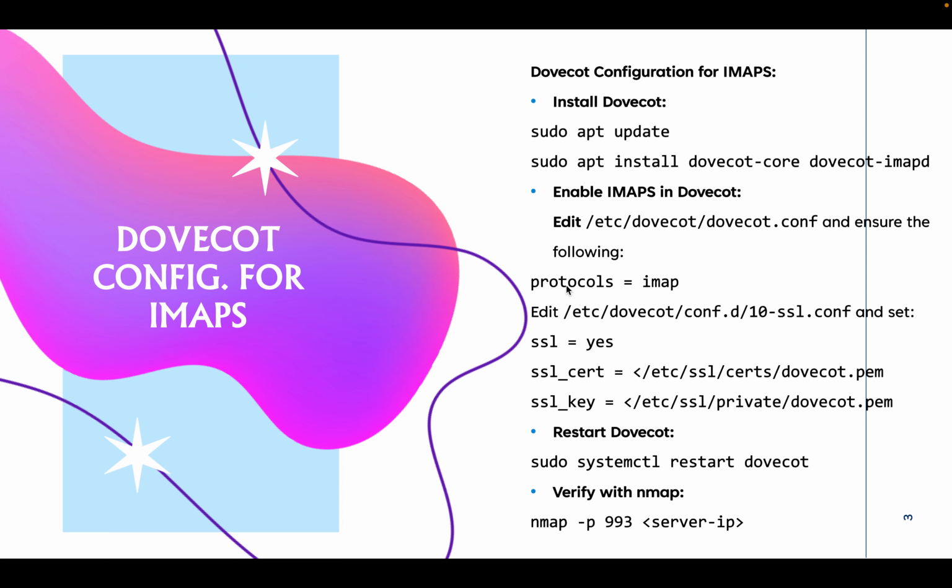The protocols all the way down to the SSL key is how we would want it to look. Then we would restart Dovecot with sudo systemctl restart dovecot, and verify with an nmap scan on port 993.